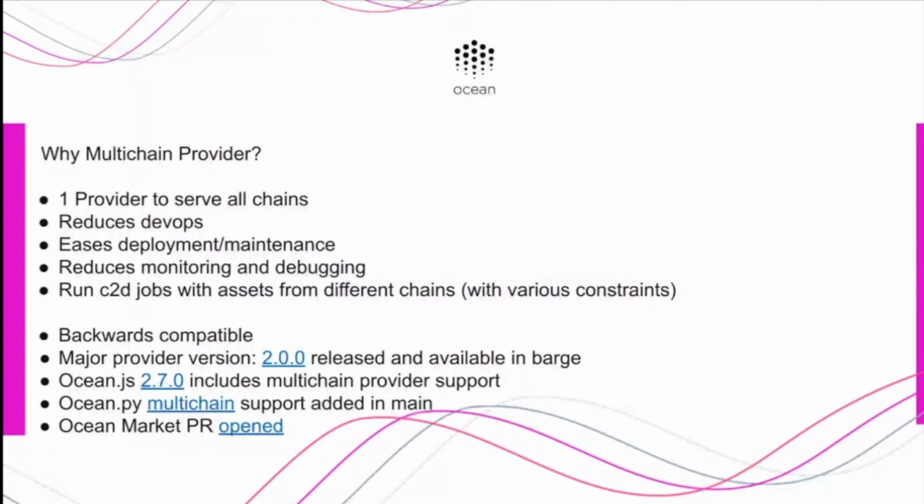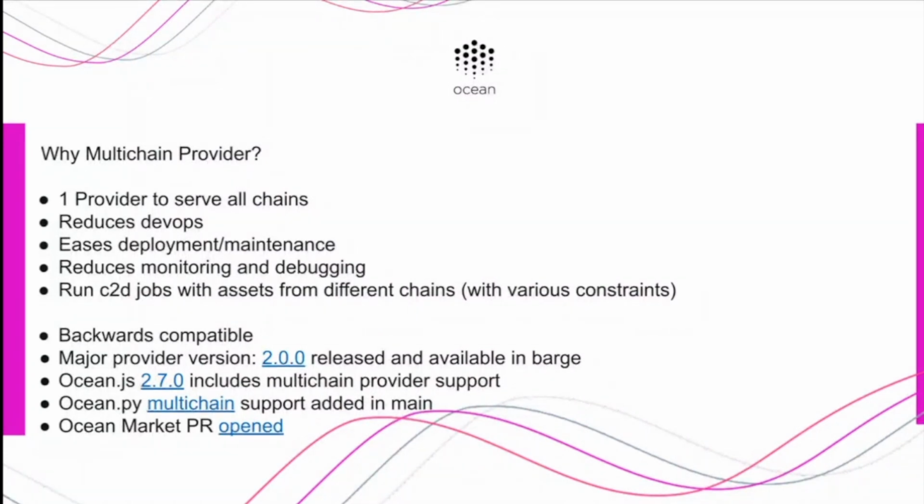As I said, first of all, instead of 5 providers, we're going to have just one. And if you want to deploy your own components, develop your marketplace, and have your custom provider, it's going to make your life easier as well, because you need just one provider and not 5 or 10, depending on the number of chains that you want to support. It also eases deployment and maintenance.